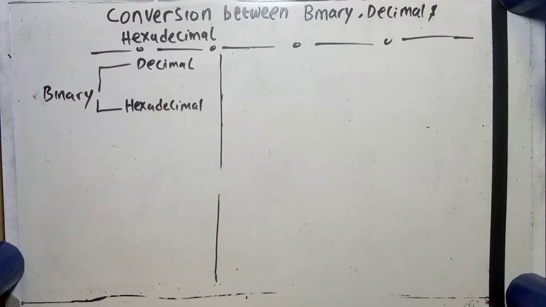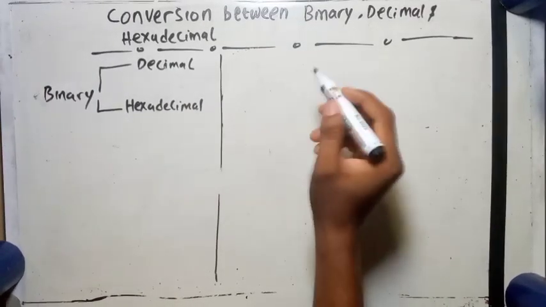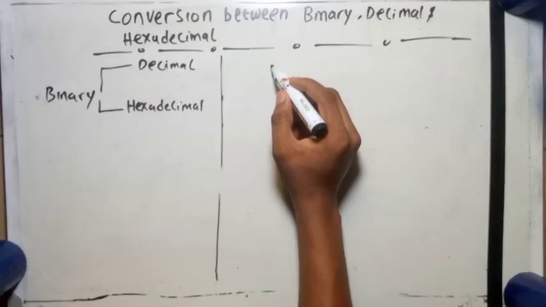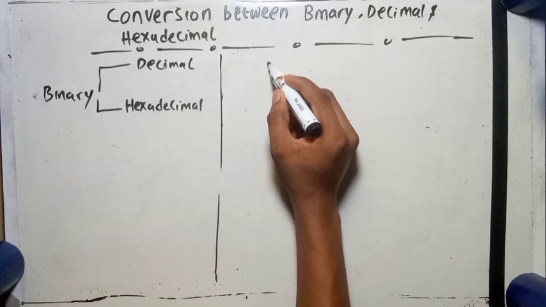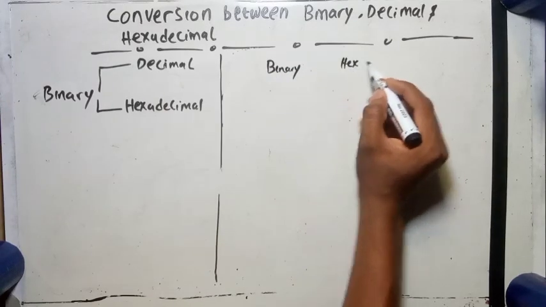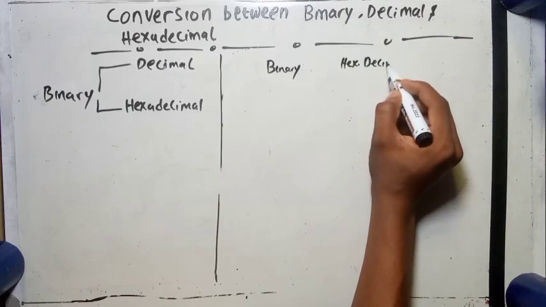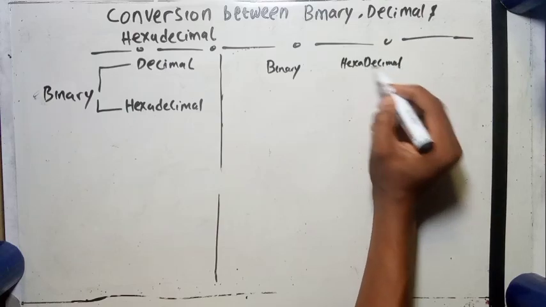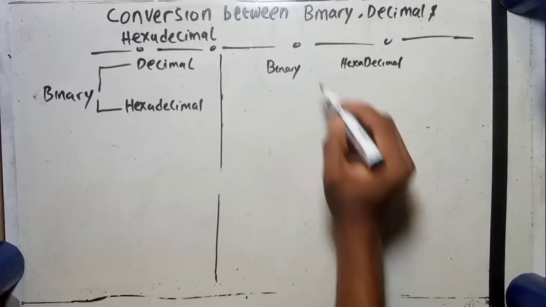To make work a bit easier for us, we're going to be constructing a table for it. Now the table we're going to be making use of is the normal one. This is your binary, and this is your hexadecimal, right? Okay.